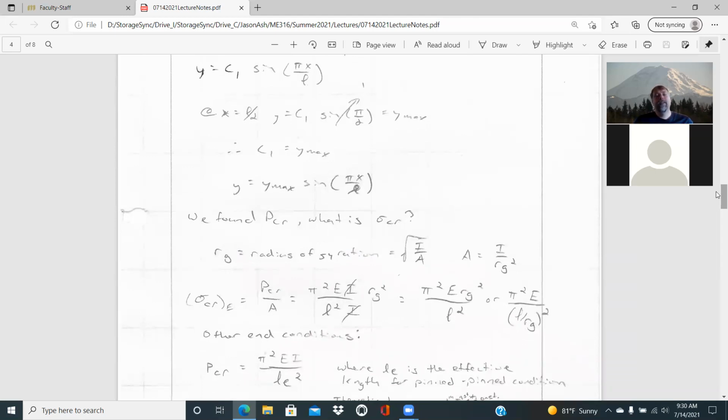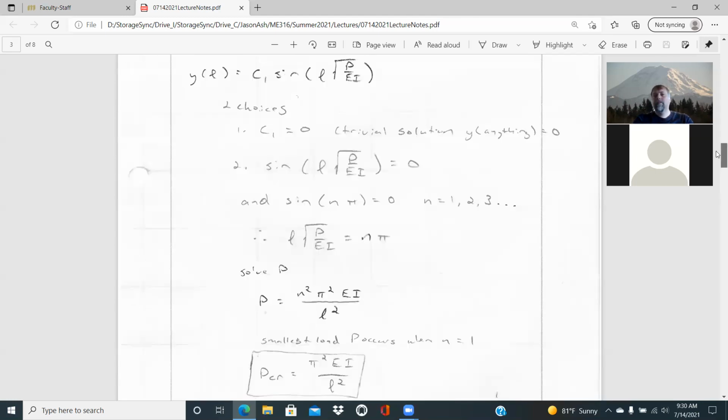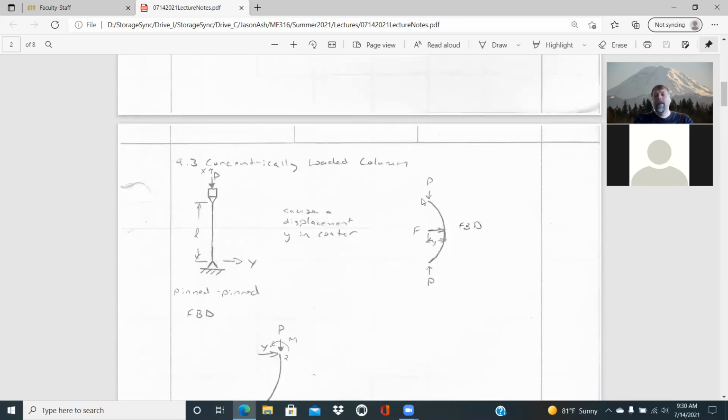The interesting thing about that is it really just explains the shape that it takes in terms of that sine expression, essentially a sine wave. But y max is kind of ill-defined at that point.